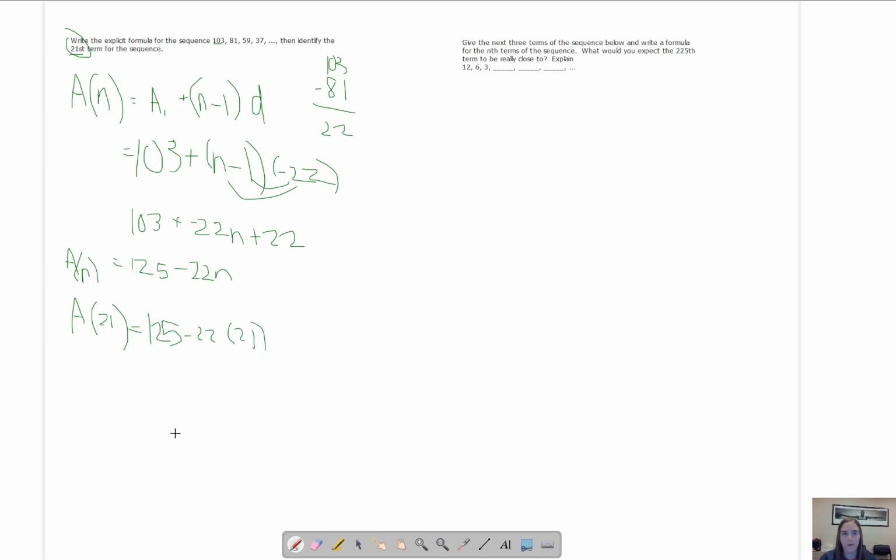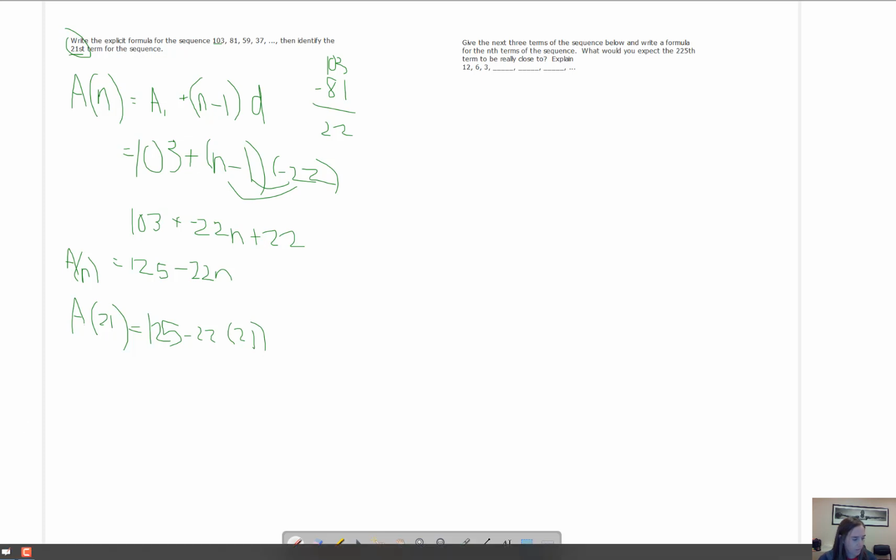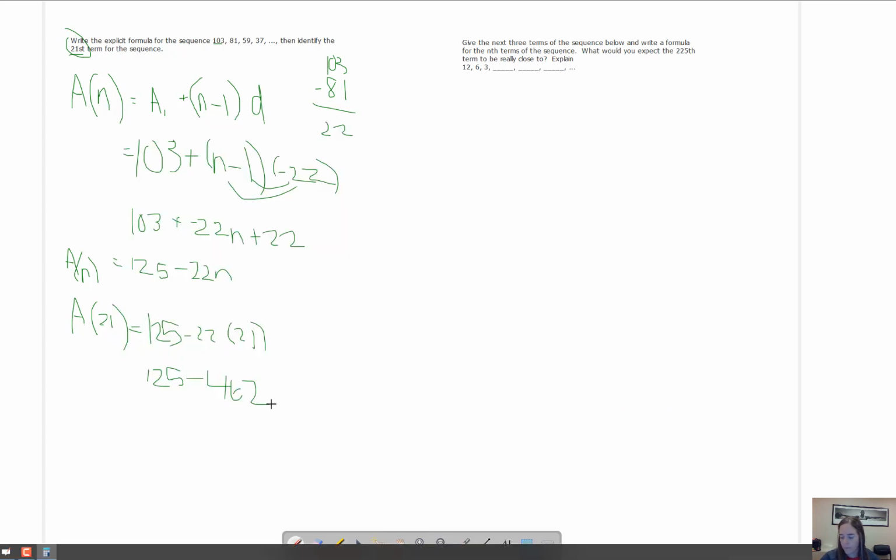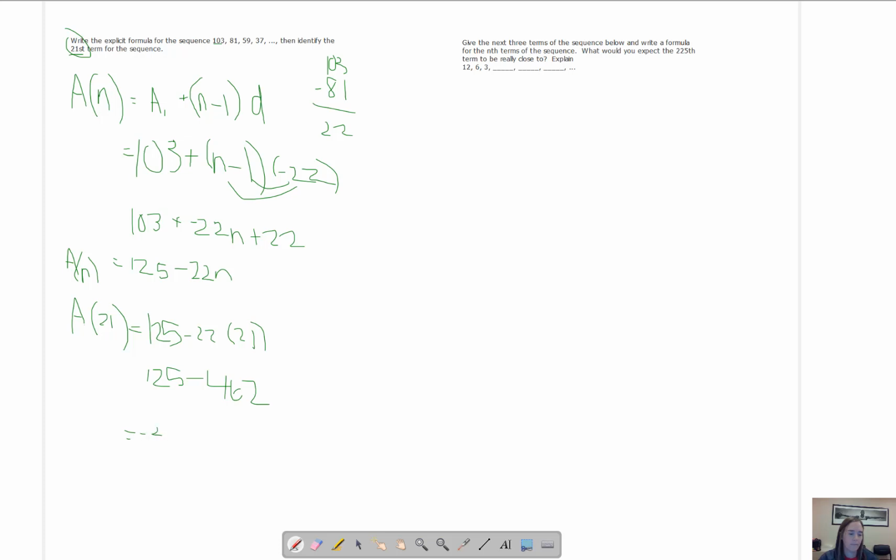Then you just need to do that on your calculator, so let me pull my calculator up. 22 times 21 is 462, so 125 minus 462 equals negative 337. So that would be my 21st term.